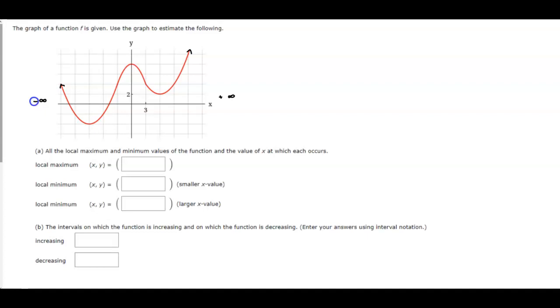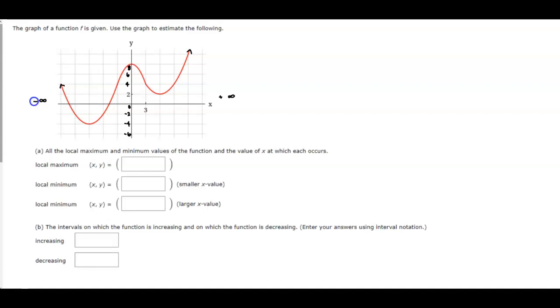Okay, so we still need to first know what are the points on the graph that we can label. We can see that on the y-axis, it's going in increments of 2. So it's going from 0 to 2, and from 0 to negative 2. Then 2 to 4, and negative 2 to negative 4. Then 4 to 6, and negative 4 to negative 6, and then up to 8.